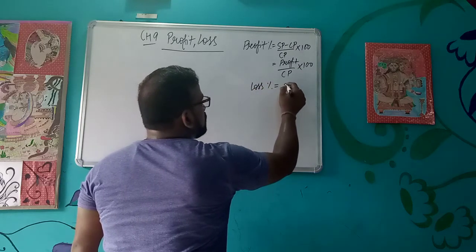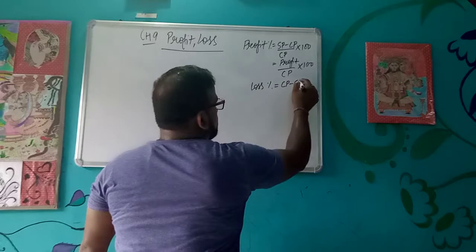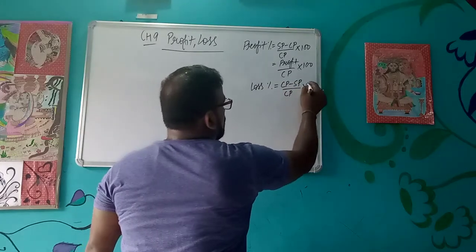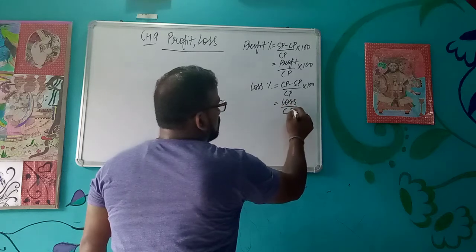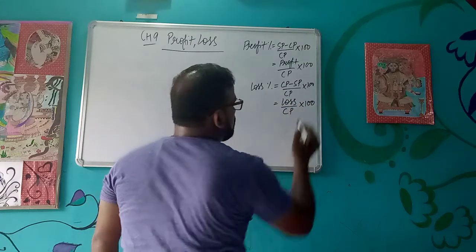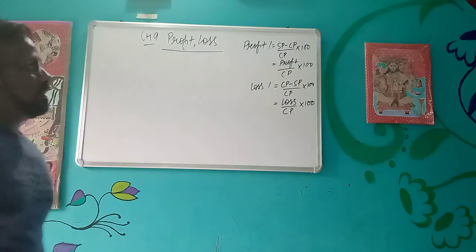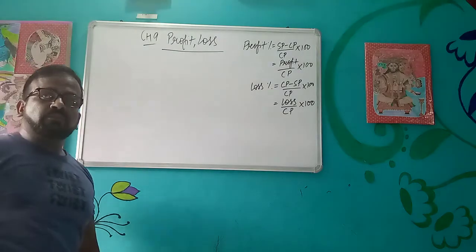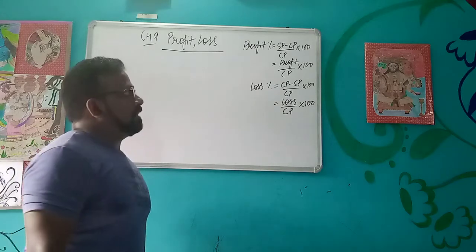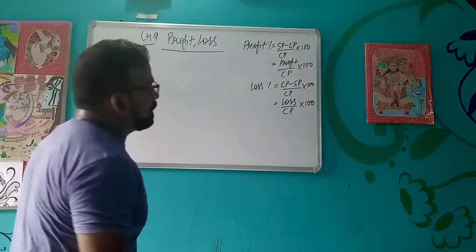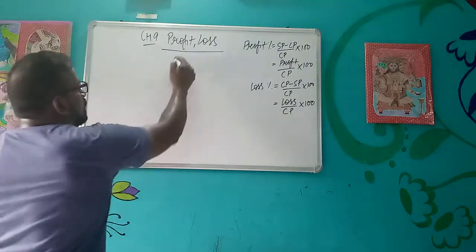Loss percent was CP minus SP upon CP into 100, or you can write loss upon CP into 100. These formulas and the remaining formulas we studied in the previous lecture we will use. So let's discuss a few problems related to these formulas.